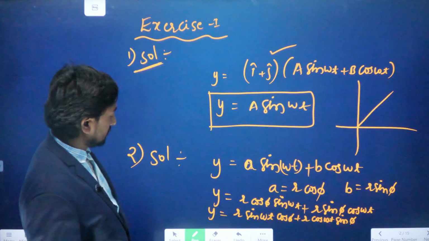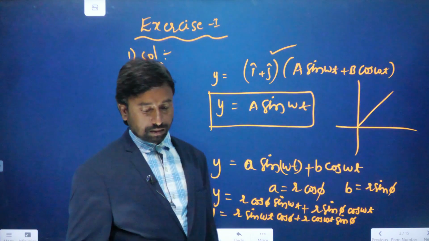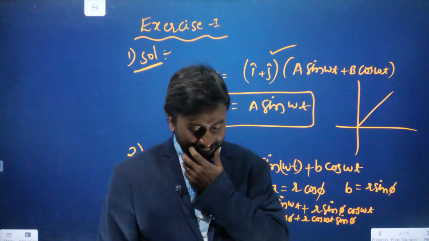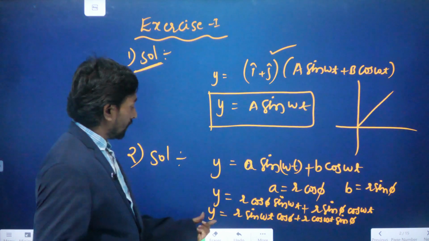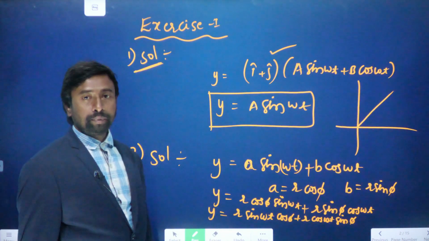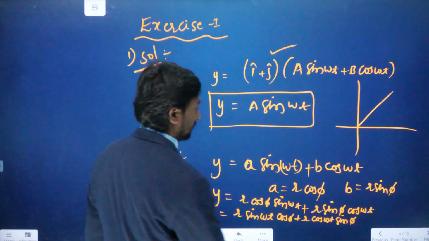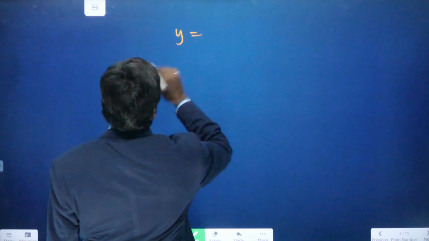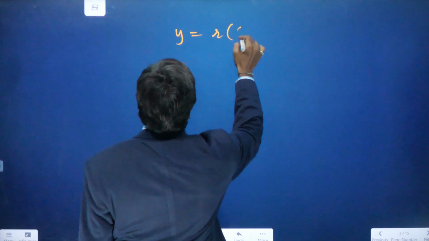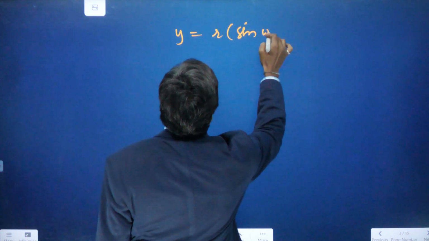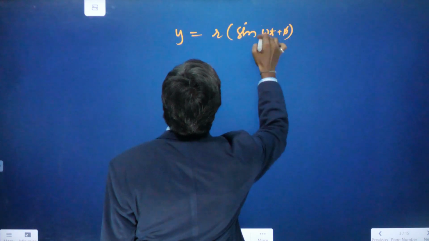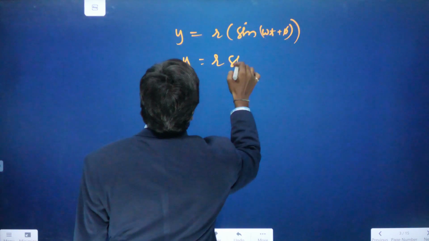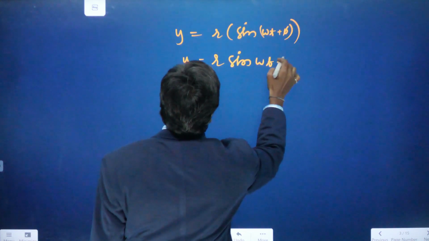Therefore we can say that the particle is having simple harmonic motion. Then what will be the resultant amplitude? We can represent that using this: y is equal to r sin of omega t plus phi.